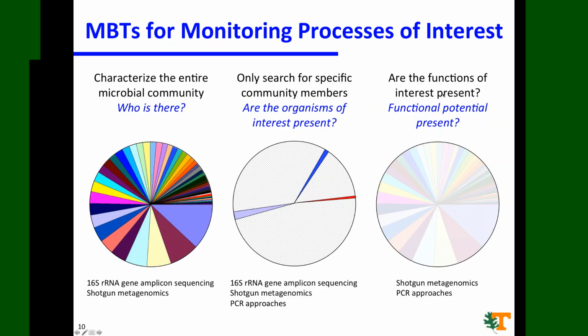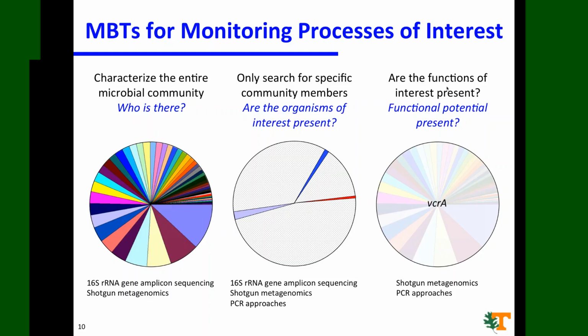The next approach you can apply, and this is now the process-specific biomarker approach, you don't care what type of organism is present. All you ask is whether a functional gene that is directly linked with the process of interest is present in the environmental sample.